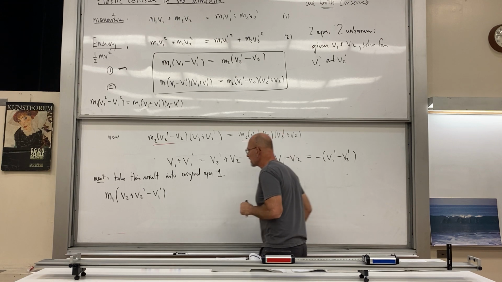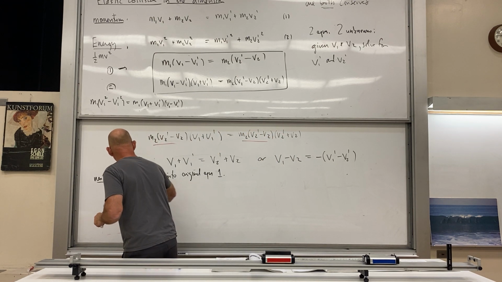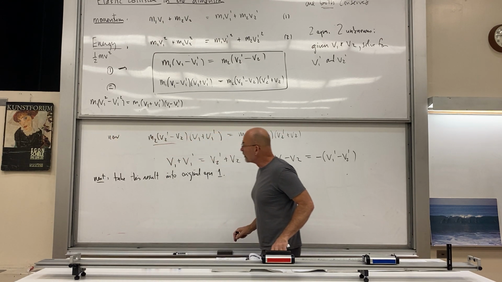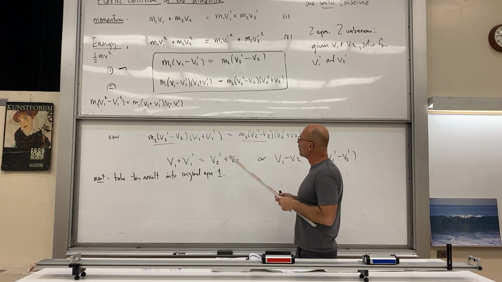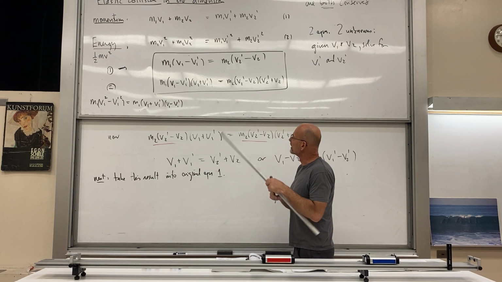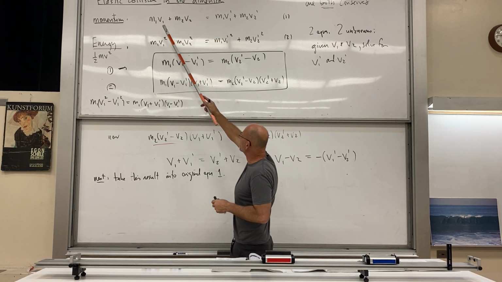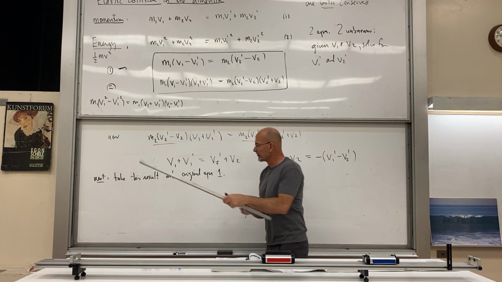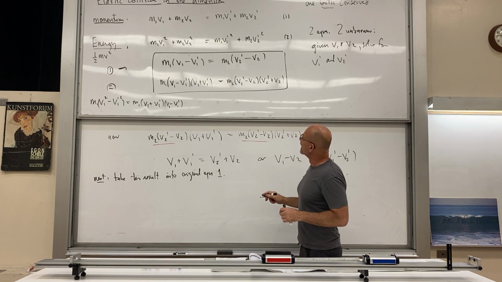Actually, I changed my mind. Let's get rid of V1 prime in the first equation, because we actually want to keep the originals in there.